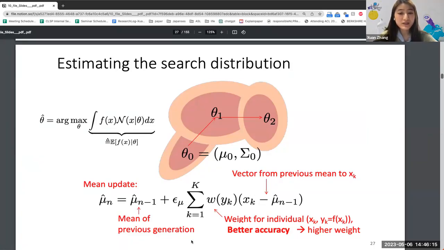It's a weighted sum of the differences between the configuration xk and the previous mean. The weight here is an indicator of how good the configuration is. If a configuration leads to higher accuracy, we assign it a larger weight, biasing the search distribution towards those examples.